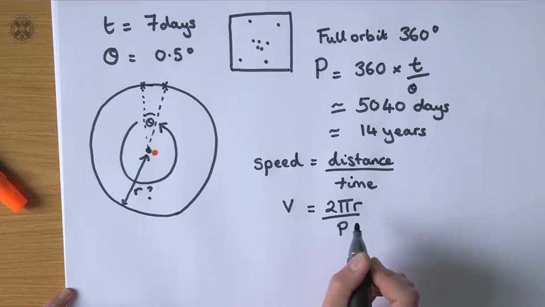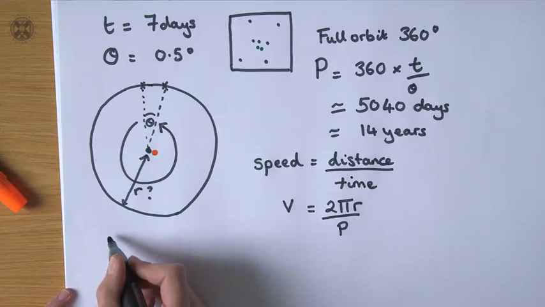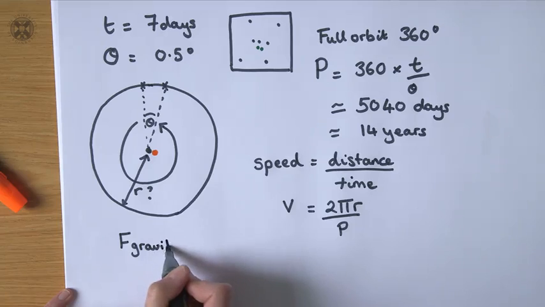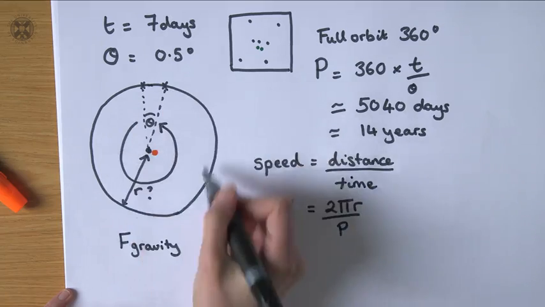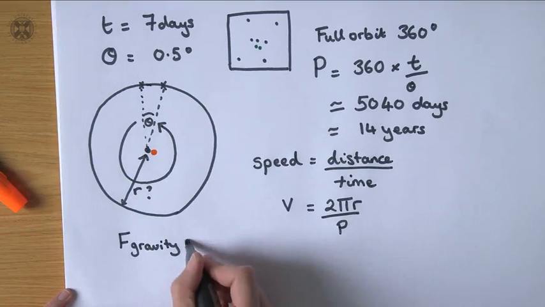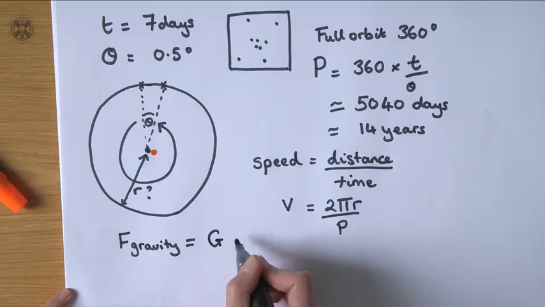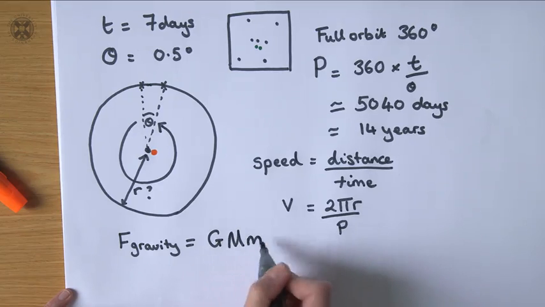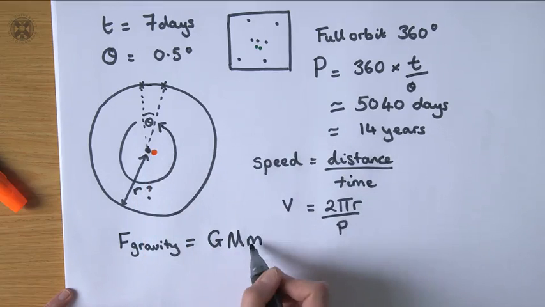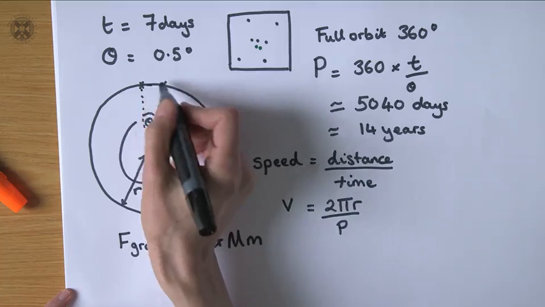Right, we're going to need some other formulae. Remember back to when we were thinking about the black hole. We've got that the force of gravity is keeping this asteroid going around our sun. And the force of gravity is given by GMm. G is the gravitational constant, M here is the mass of the centre, and little m is the mass of our asteroid.